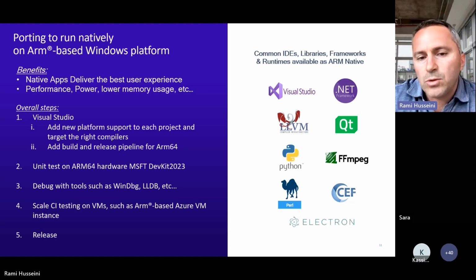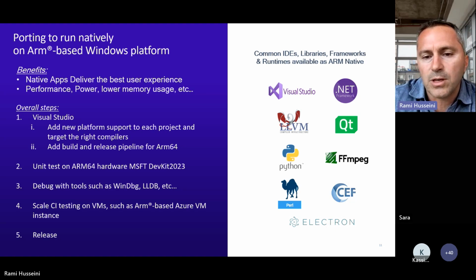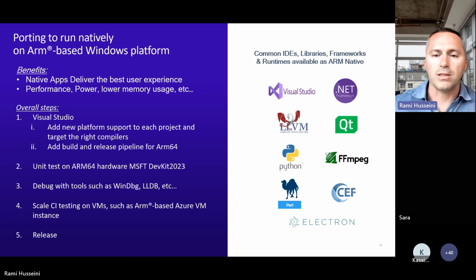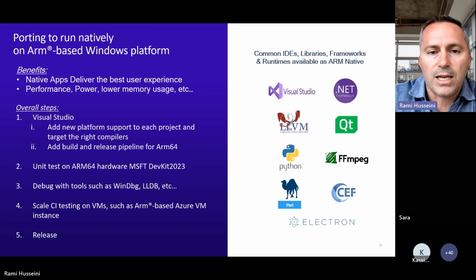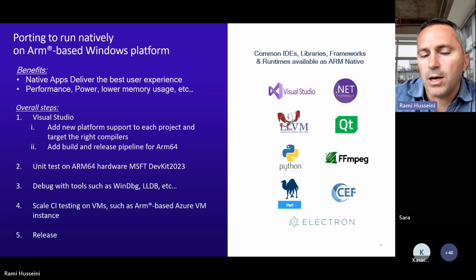In addition to the Microsoft tool chains and .NET framework, we also have third-party frameworks, UI frameworks like Qt, and web frameworks like libcef, Electron, and Chromium. What you see here is just a small sample of all the third-party frameworks that are out there, along with programming languages like Python and Perl and others.